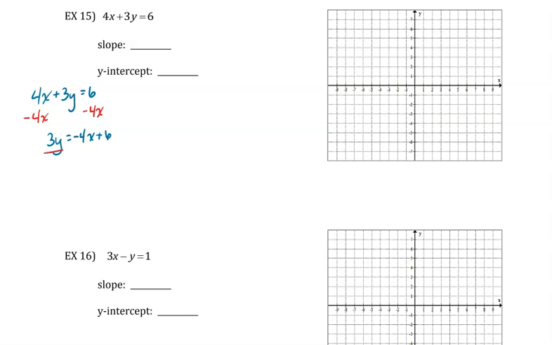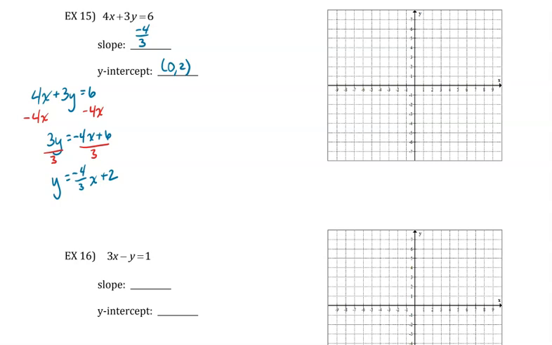Next, divide both sides by 3. So we get y equals negative 4/3 x plus 2. So for our slope, it's going to be negative 4/3, and our intercept is going to be 0, 2.